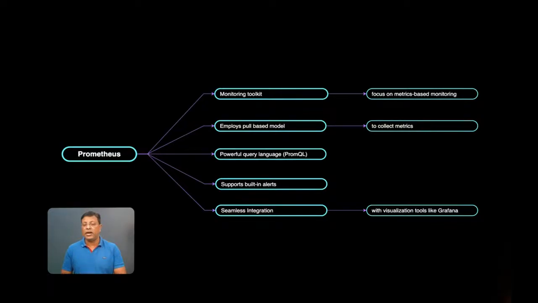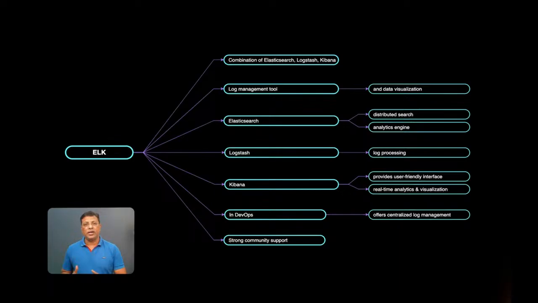Second most popular tool is the ELK Stack. It is basically a combination of these three tools: Elasticsearch, Logstash, and Kibana. The ELK Stack is a set of open source tools for log management and data visualization. Elasticsearch is a distributed search and analytics engine.